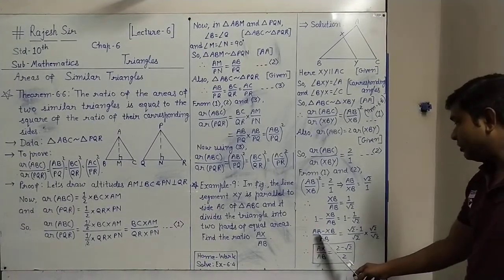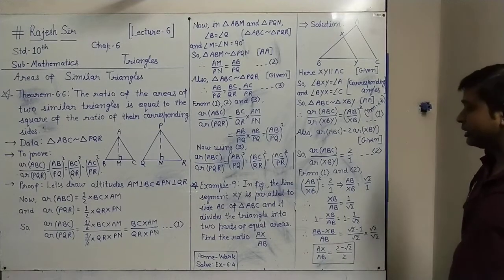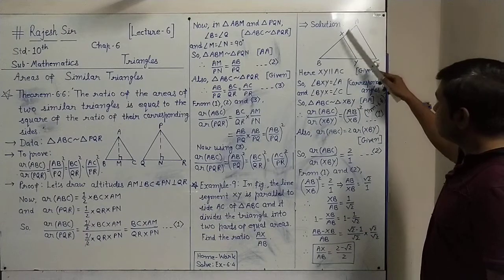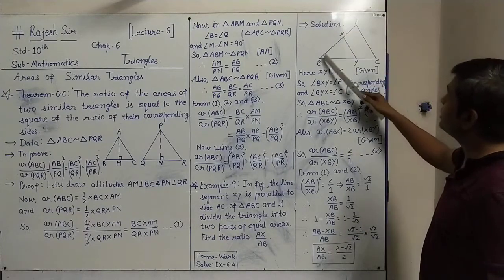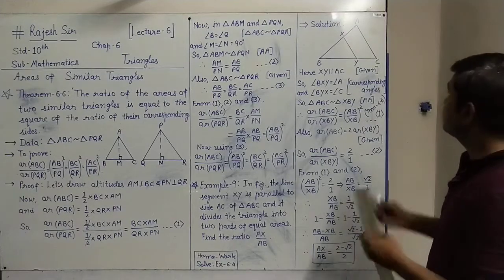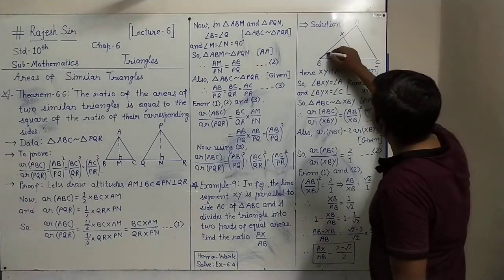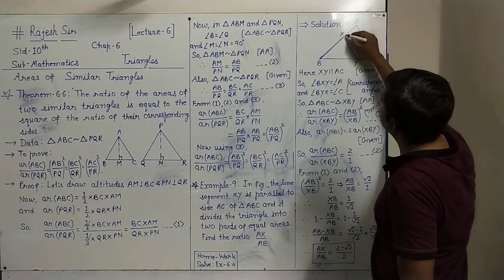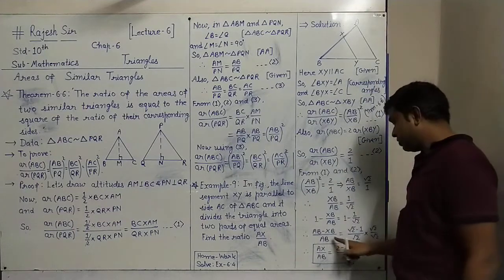On the left side, AB minus XB: you see in the figure, AB is this whole AB. From that, minus XB, this part is subtracted. So what is the meaning? From the whole AB, if I subtract this XB, what is the meaning? AX. So AX is written in place of this.